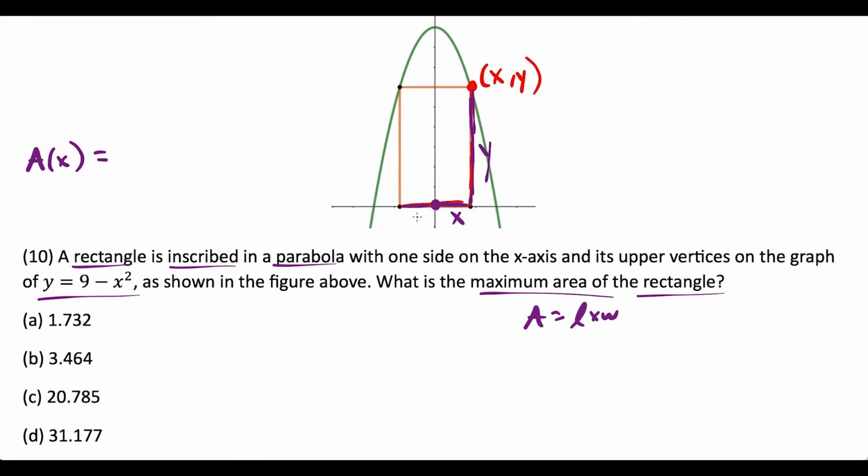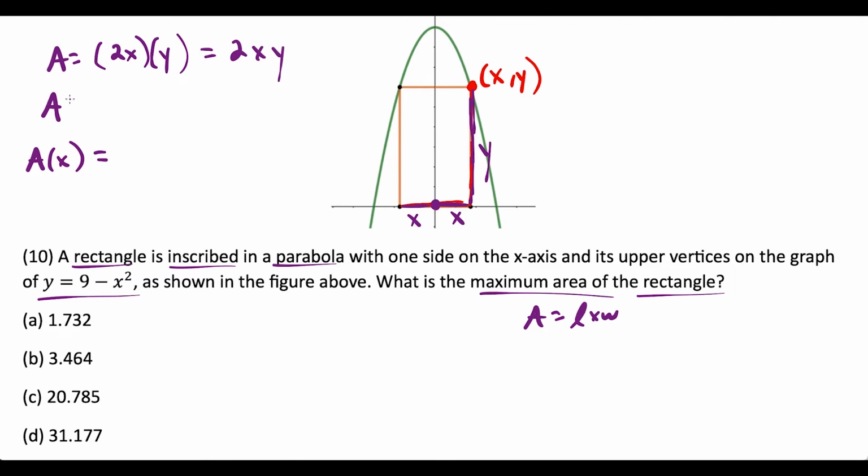So this distance would also be x. Then the area would be equal to the length times the width. And the length we could say is x plus x, which is 2x, times the y value going up to the point (x, y) like this. So our equation would be 2xy. But notice this is not a function of x because it has an x and a y.